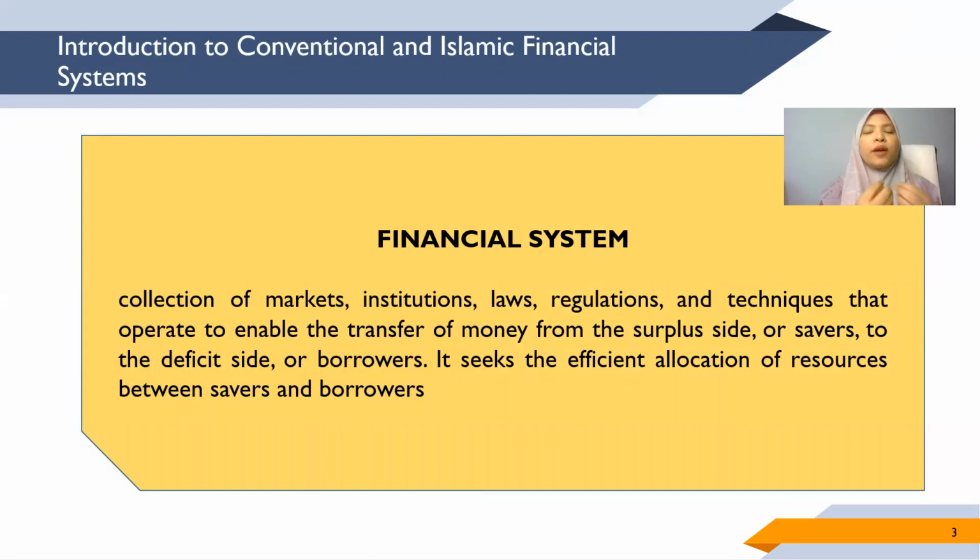And then we also have the institutions who run these people, and to govern these institutions, we therefore need law and also regulation. That's why we have the Securities Commission as the regulator for capital market, and also Bank Negara Malaysia as the regulator for Islamic banking and also takaful. So let's move on to the next slide.